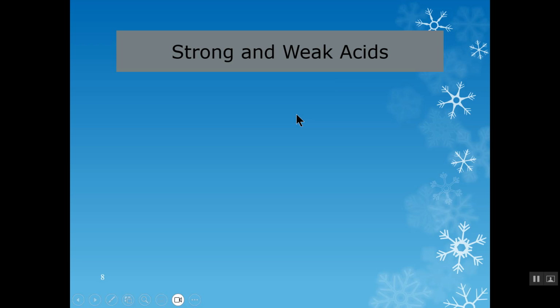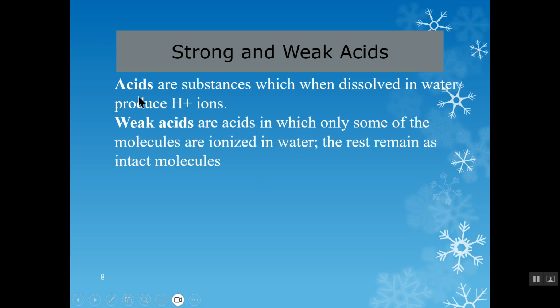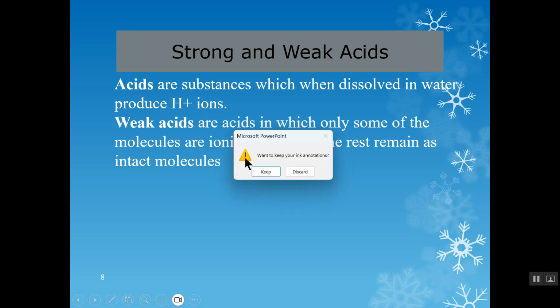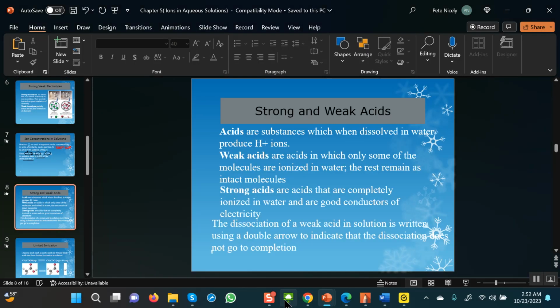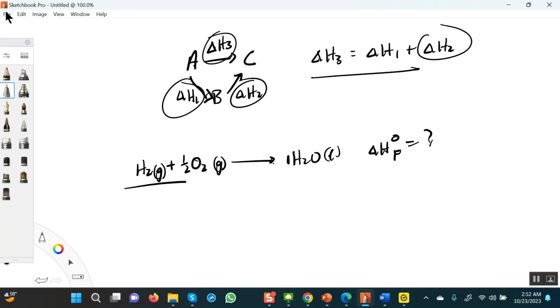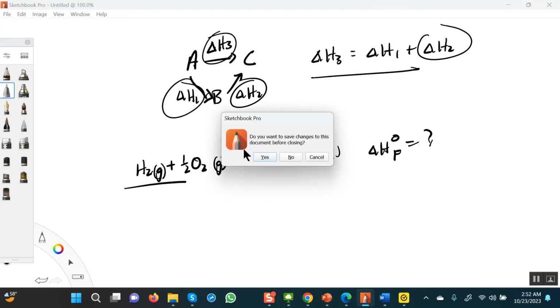However, before we talk about strong and weak acids, let me define exactly what an acid is. An acid is basically a substance which, when dissolved in water, produces hydrogen ions, all right? Just to give a couple of examples, let me go to my writing pad right here. There's an acid known as hydrochloric acid, HCl, and when that dissociates, it forms H+ and Cl-, right?